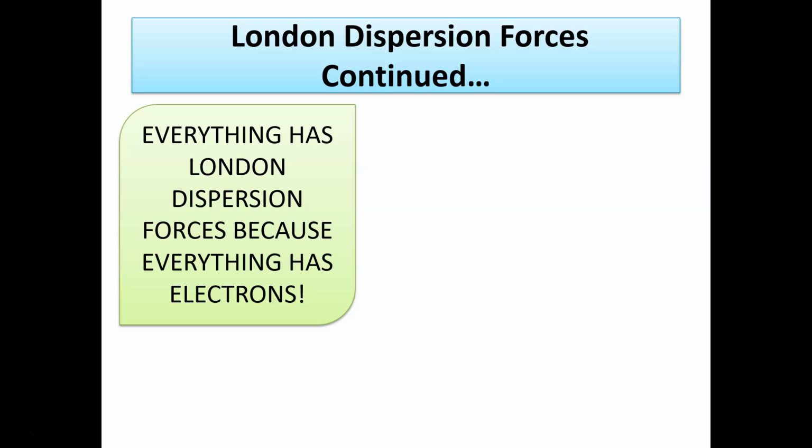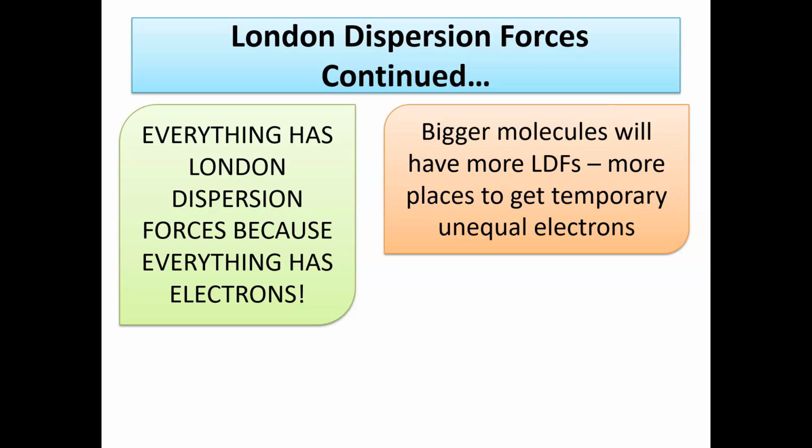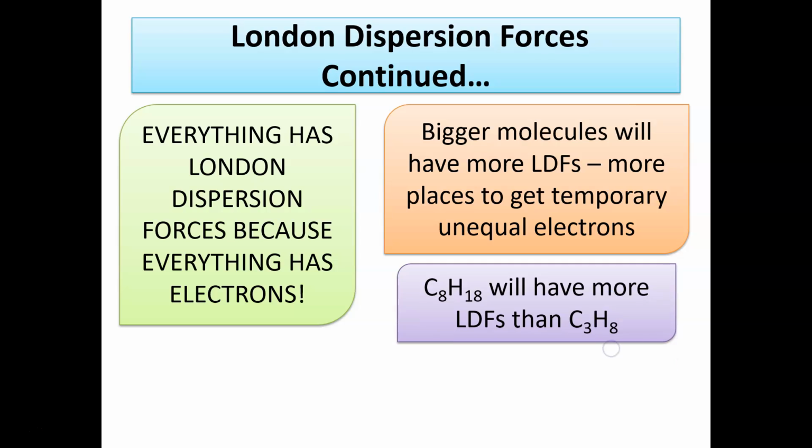One thing that's important to know is that the bigger your molecules, the more London forces you're going to have, because you're going to have more places to get that temporary unequal distribution. So for example, C8H18 will have more London forces than C3H8 because it's bigger.